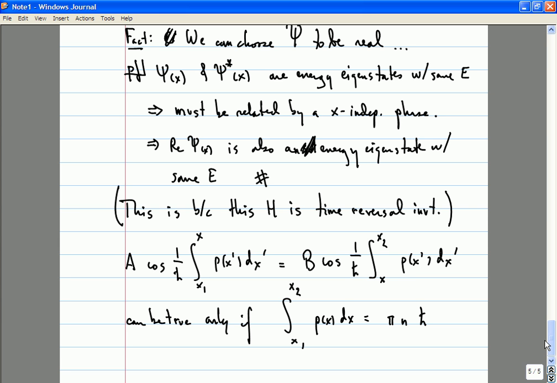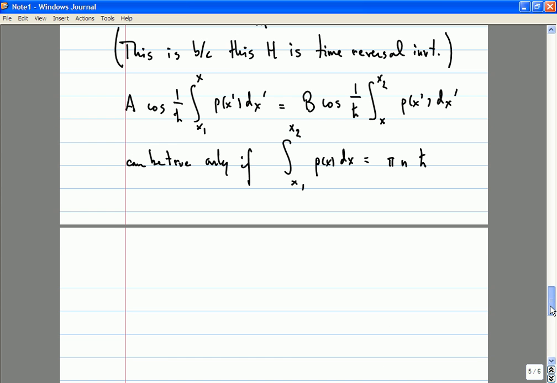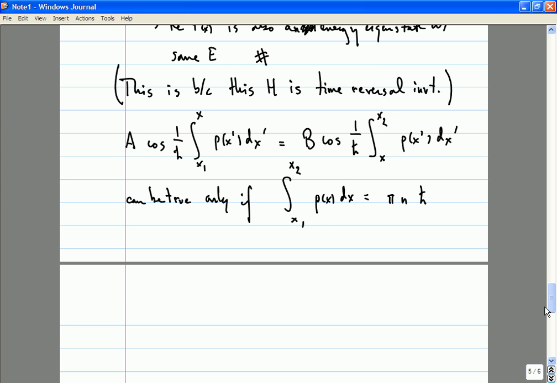So this is the result that we derived, assuming that the WKB approximation was true all the way up to the turning points.